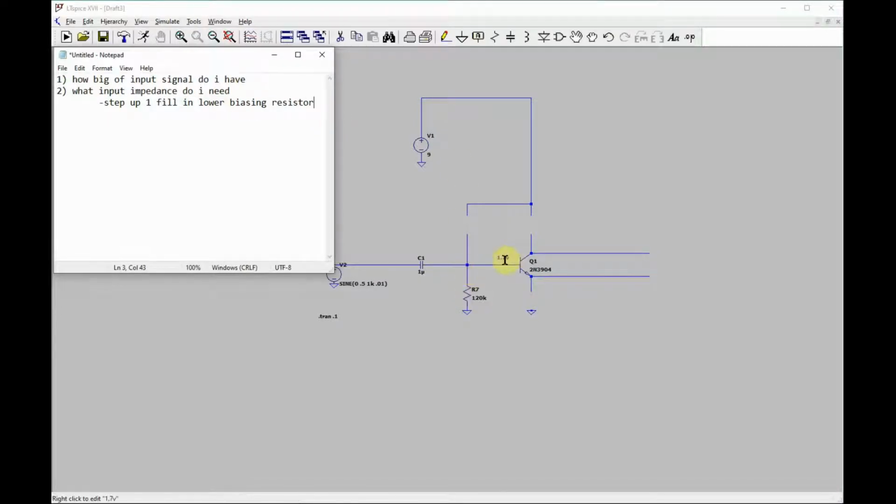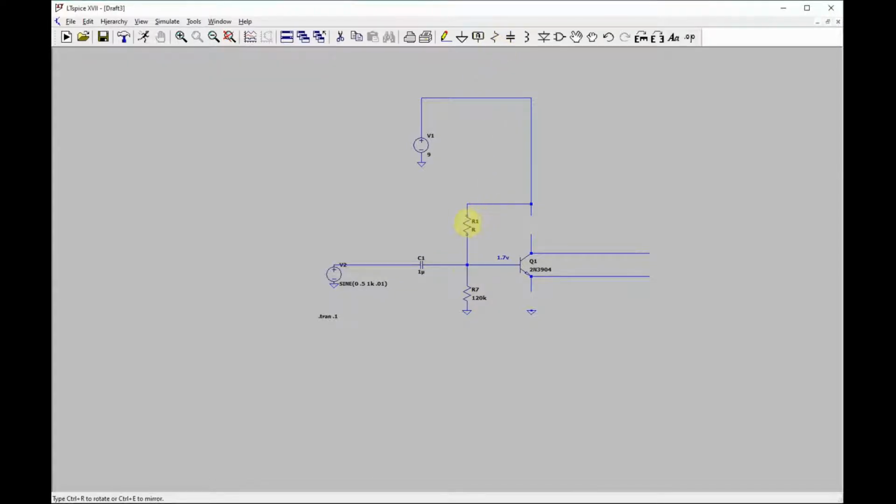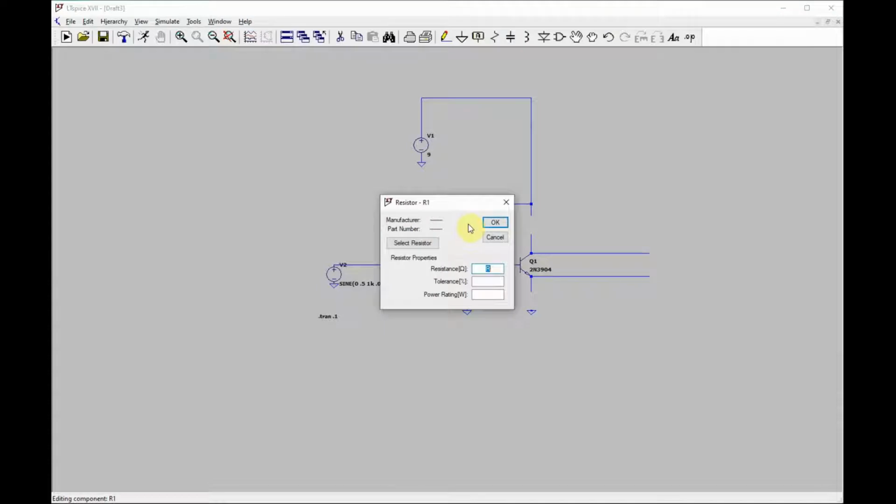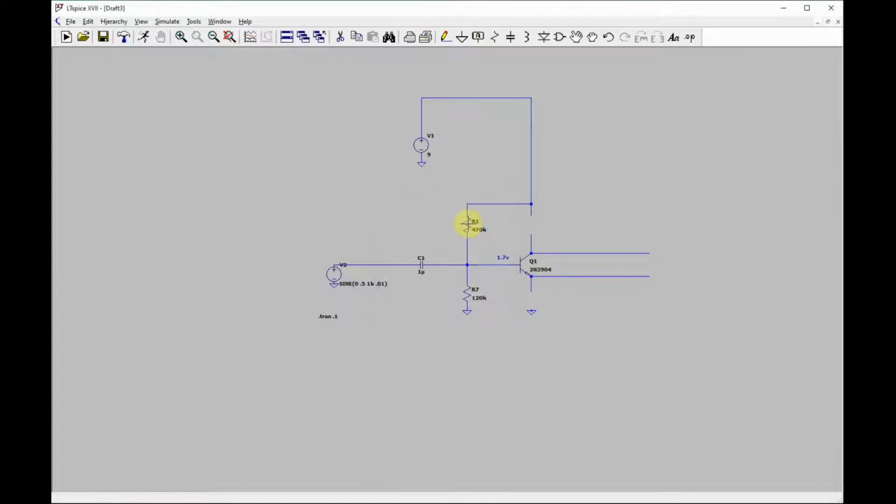Okay, we said we need 1.7 here, and we get 120K here. So basically we need to find a resistor so that this bias is at 1.7. I mean, you can look up the algebra on that. I'm just going to guess. It's a voltage divider.